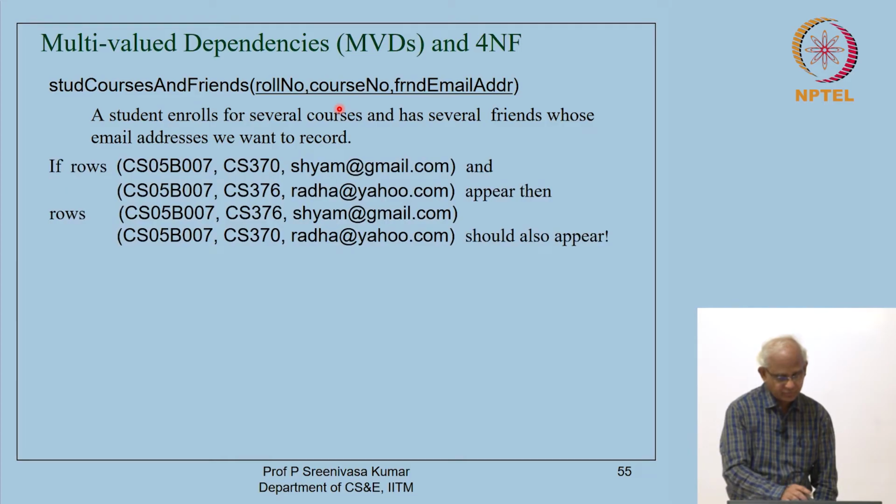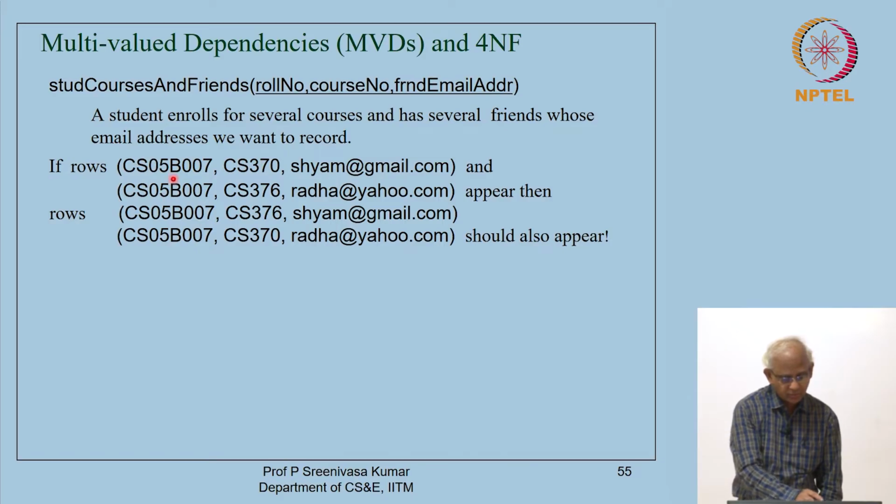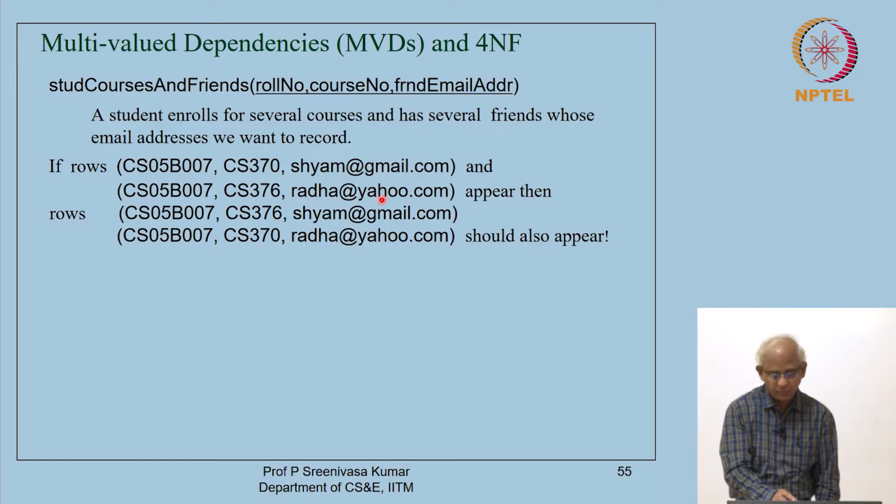Supposing I have details about a particular student whose roll number is given here and he is doing two courses. Let us say he has a couple of friends, Radha and Shyam. Now, I should not be just storing these two tuples, this student with this course 370 and Shyam and 376 with Radha.